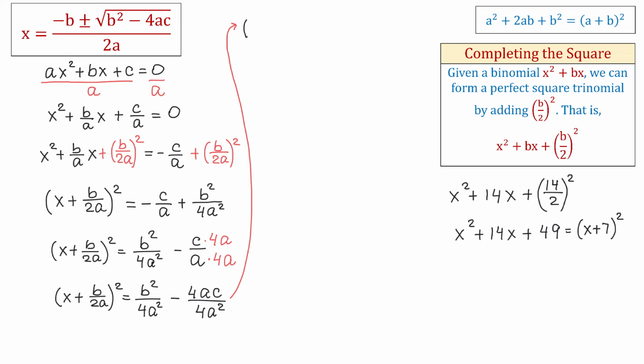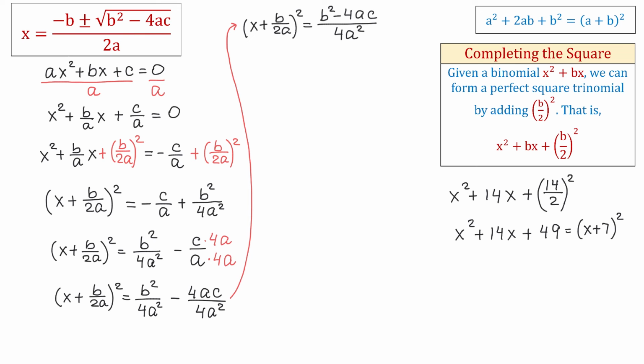So now we will have x plus b over 2a all squared equals b squared minus 4ac all over 4a squared. And notice how this numerator is inside the quadratic formula.